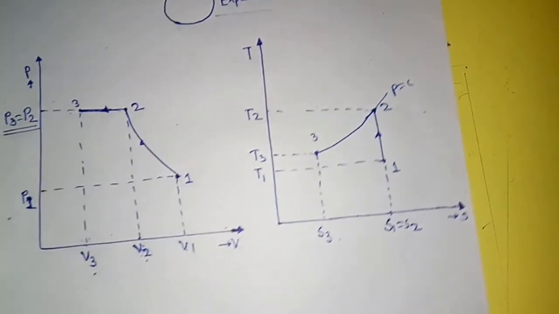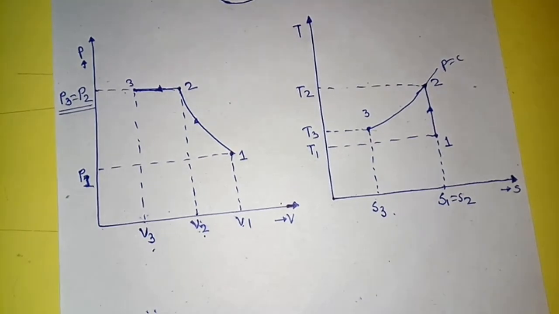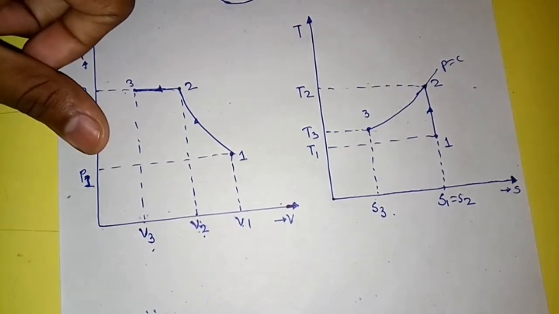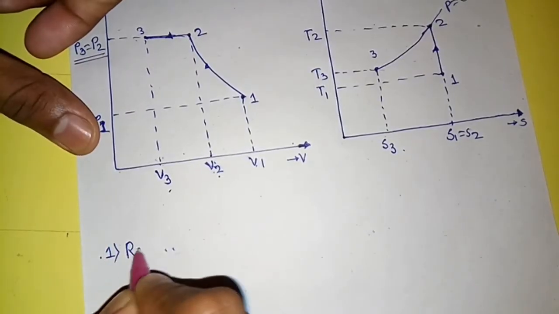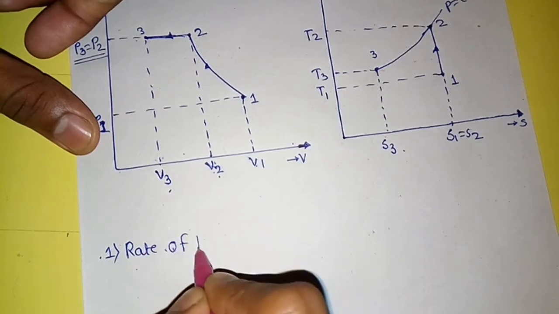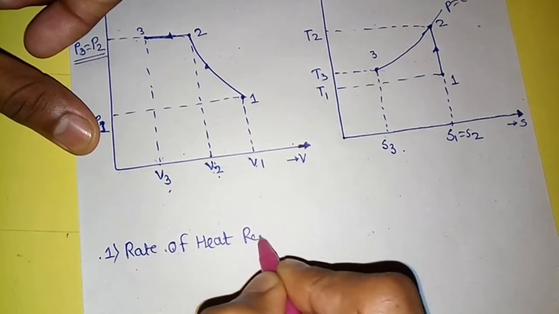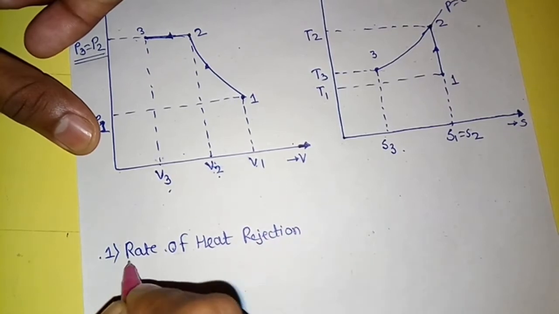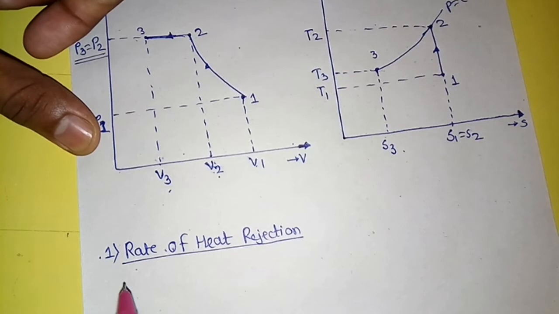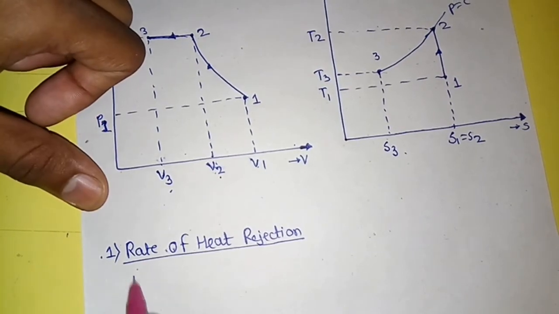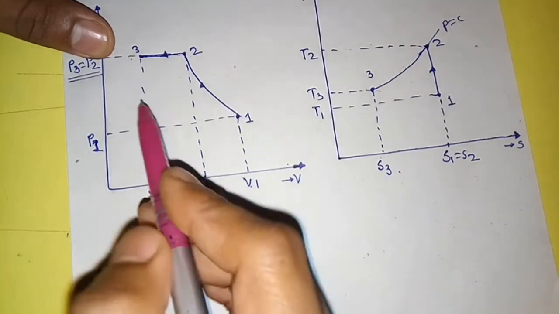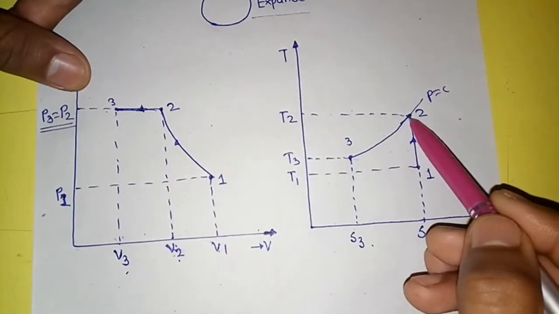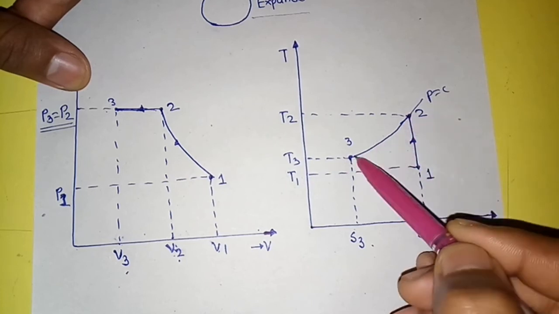During this process, heat rejection takes place, and the rate of heat rejection can be calculated by using the following formula. So let's see what this formula is. First, the rate of heat rejection, which we will denote by QR. The rate of heat rejection is simply the multiplication of Cp of air and the temperature difference of the process, which is from point 2 to point 3.